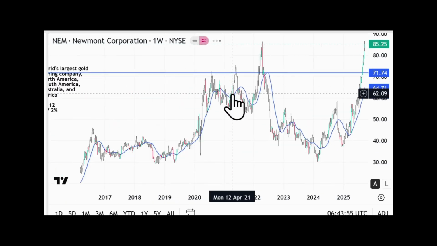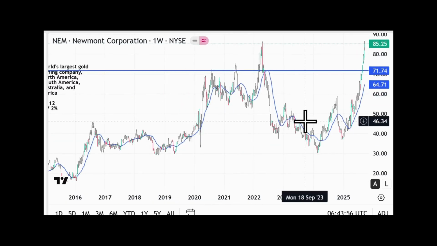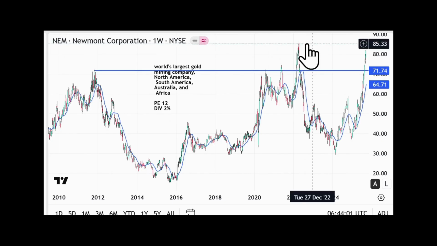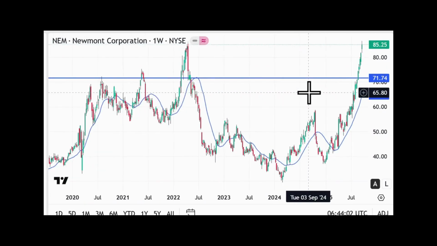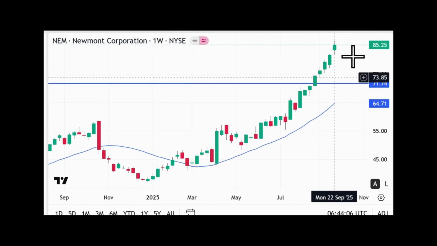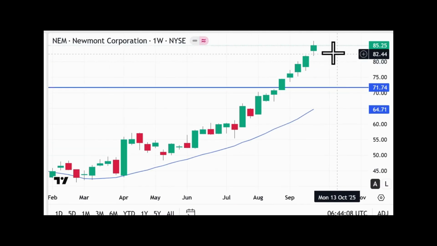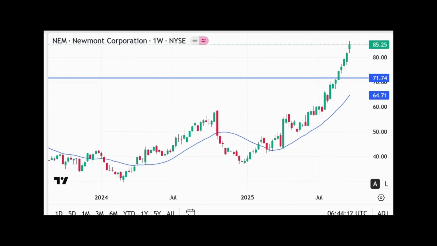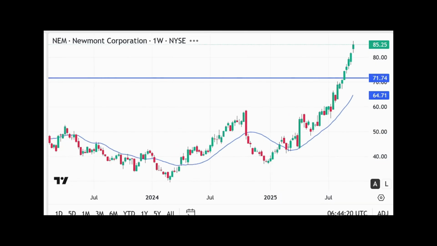Okay, so these are the big global gold miners sitting in those ETFs. So Newmont. It's at highs here, so it looks like it's just going to walk through there. That's what we call an indecision candle though for the week. But when we start seeing one of these candles, then maybe start to get worried.